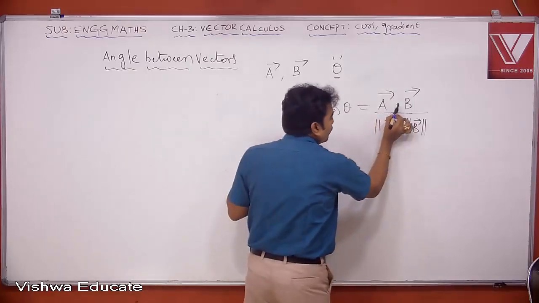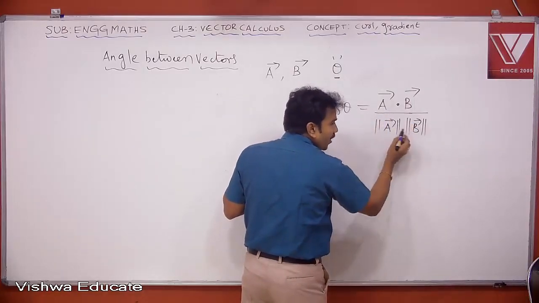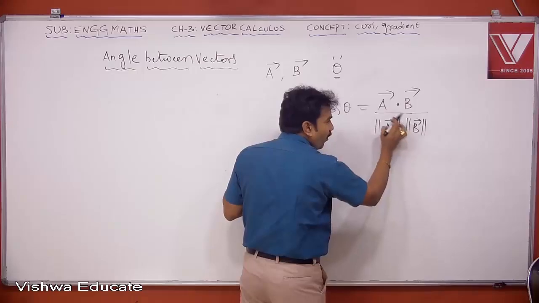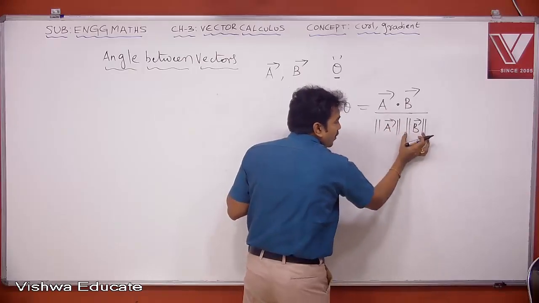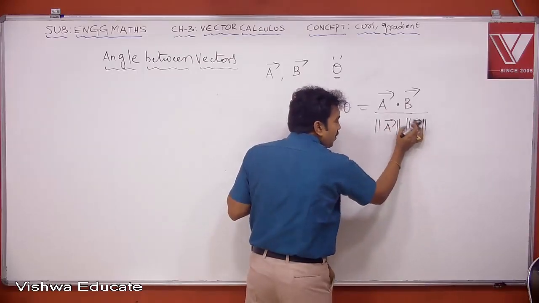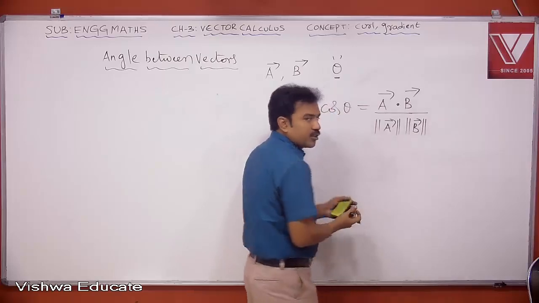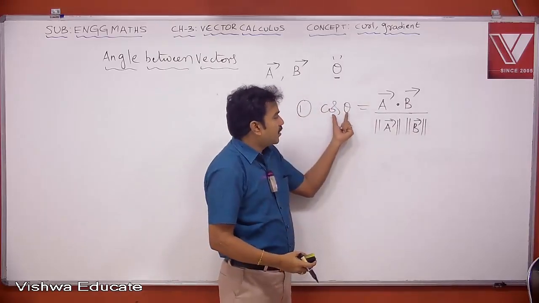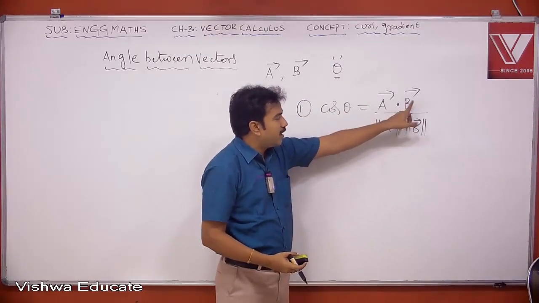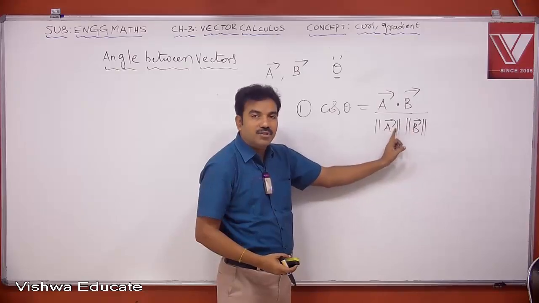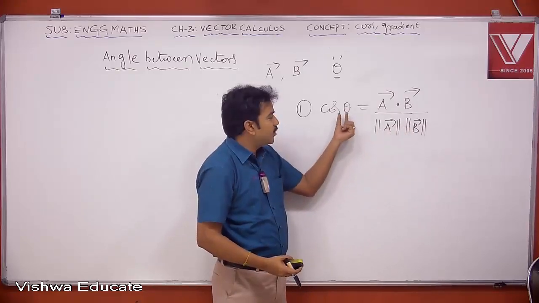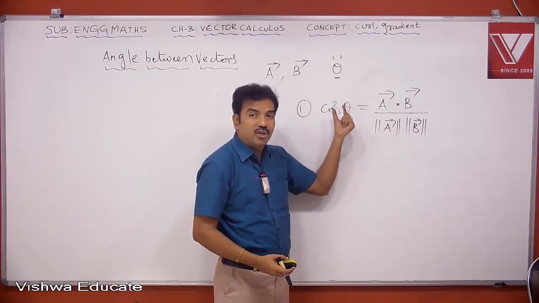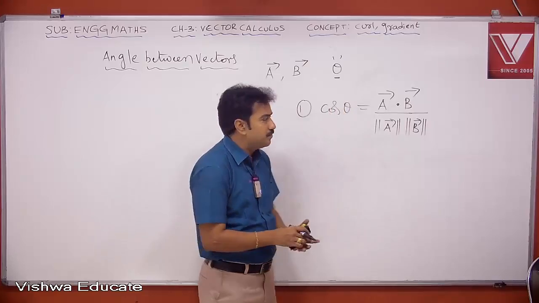Now this is a dot product and this is normal multiplication, because the length gives a normal scalar expression. Multiply them. So here cos theta is given by A bar dot B bar divided by norm A bar times norm B bar. So using this you can easily measure the angle between two vectors A bar and B bar.